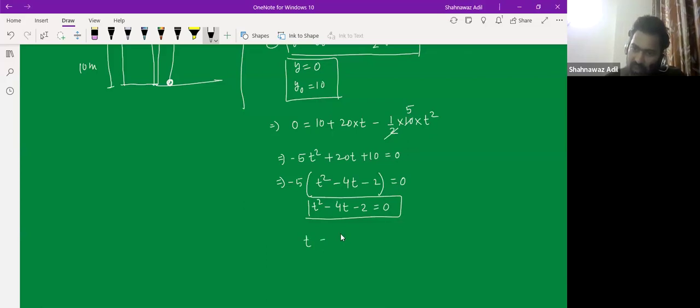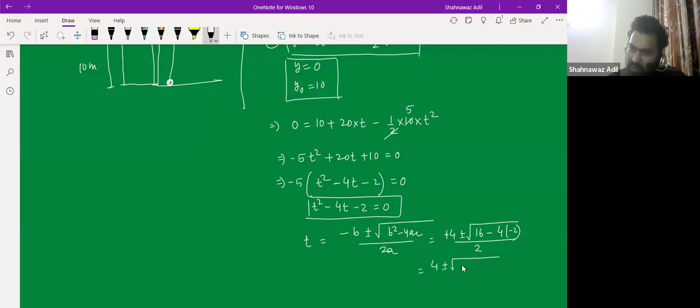t is minus b plus minus root of b square minus 4ac, by 2a. So minus of minus 4, that is plus 4, plus minus root of b square, that is 16, minus 4ac. So 4, and a is 1, c is minus 2, divided by 2a, a is 1. So this is 4 plus minus root of 16 plus 8, divided by 2.